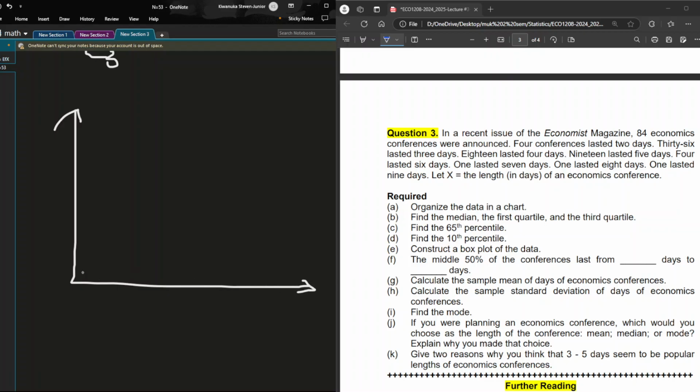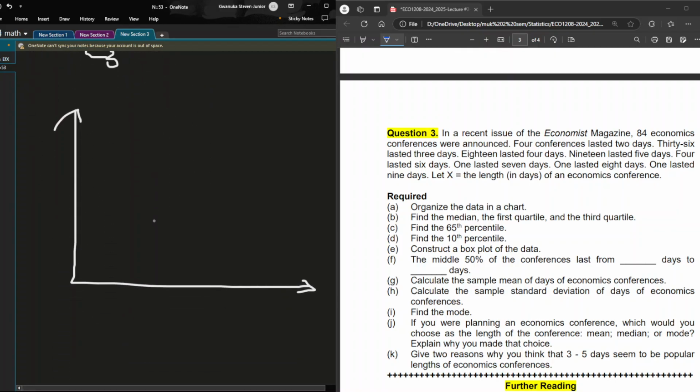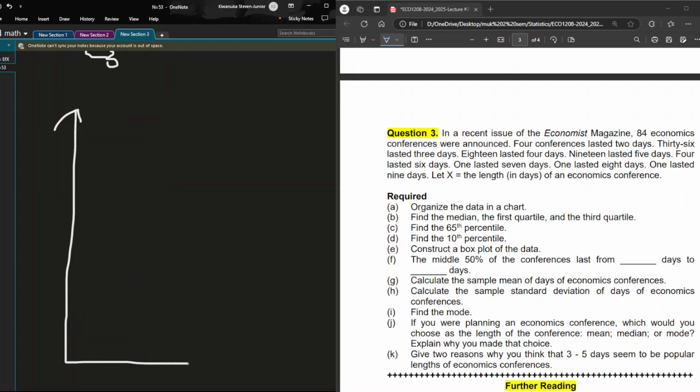Yeah, that means we have this. Let me elongate this. Zero, 2.